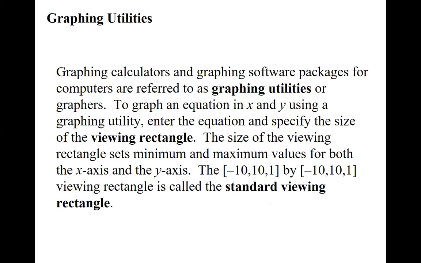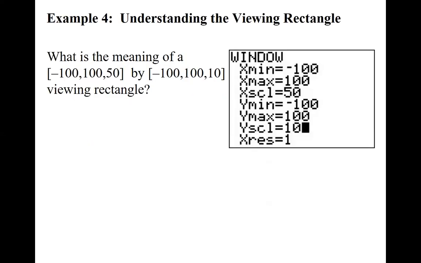The -10, 10, 1 by -10, 10, 1 viewing rectangle is called the standard viewing rectangle. So here, as opposed to a -10, 10, 1, is a -100, 150 by -100, 110 viewing rectangle.